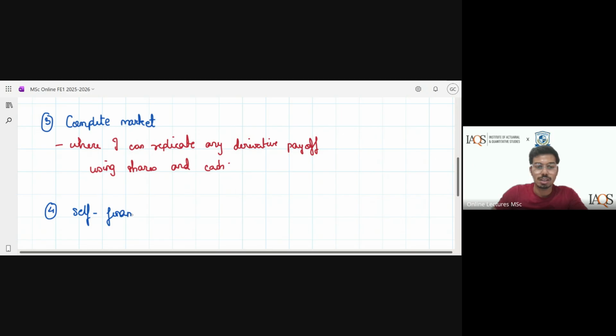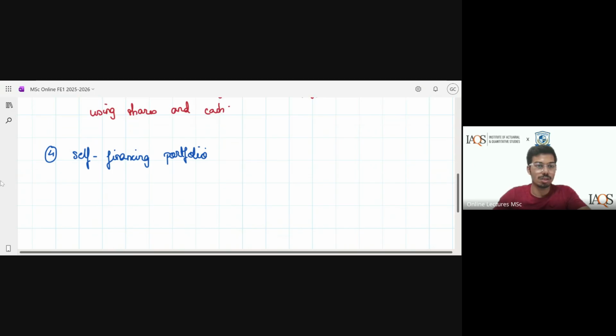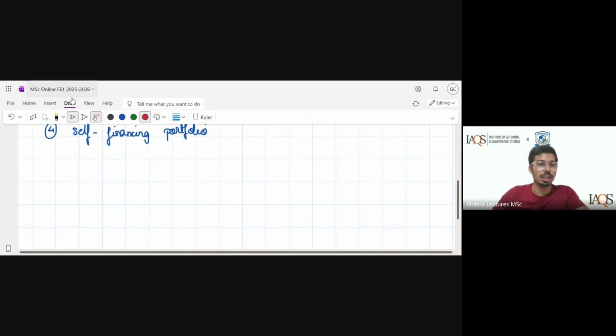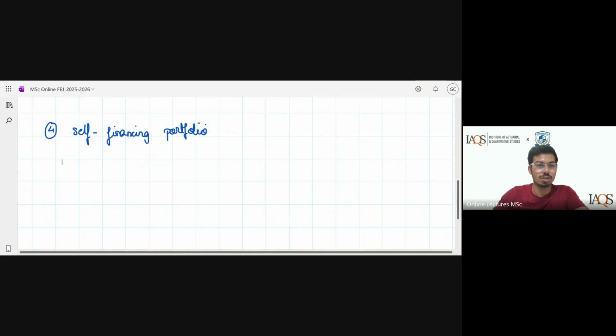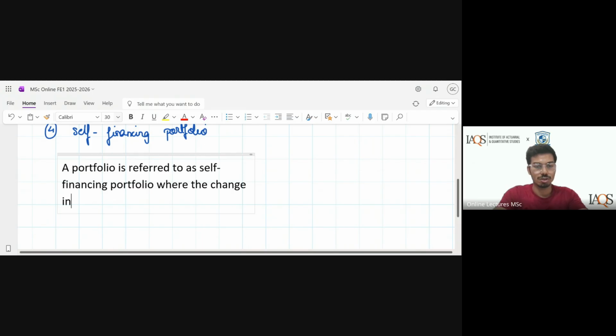The fourth one is called a self-financing portfolio.